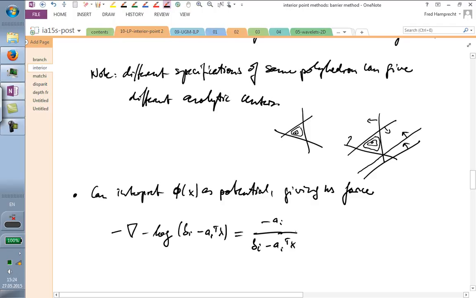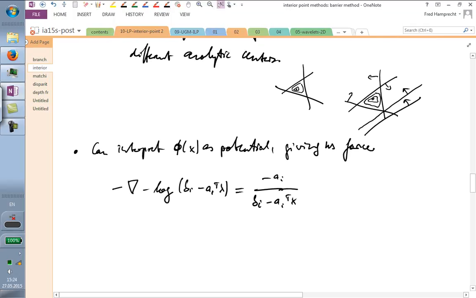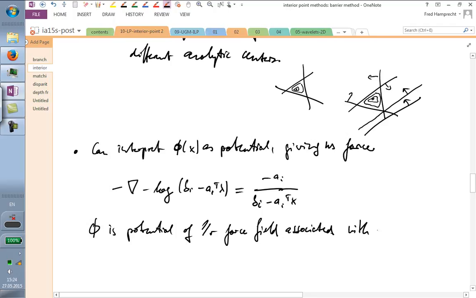So this would be the force, and then we could say that phi is the potential of the 1 over r force field associated with each constraint plane.